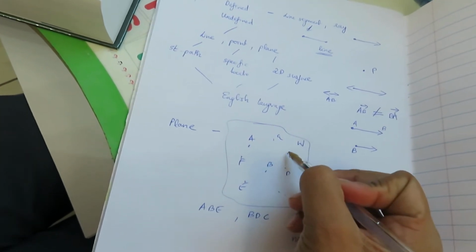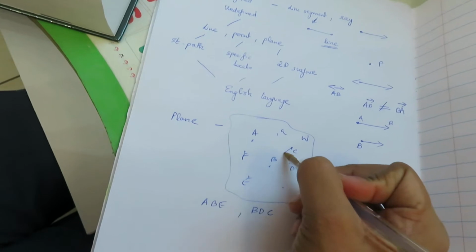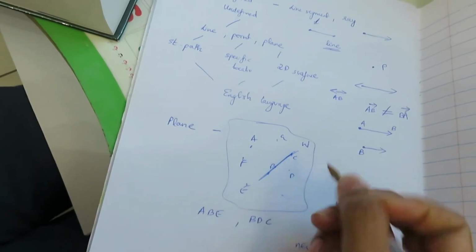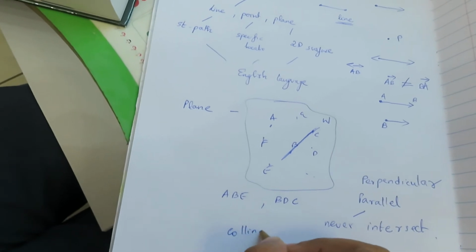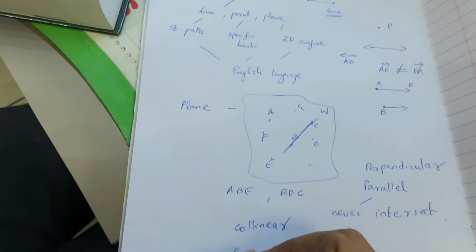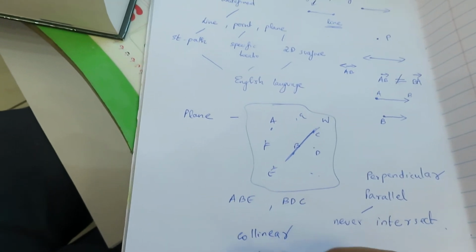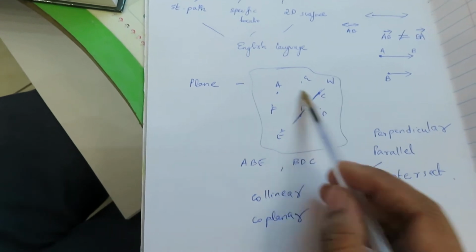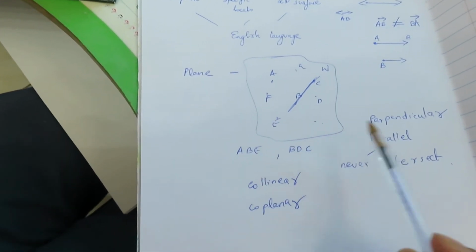If you have 2 points, C and B, I can call them collinear, because they are on the same line. All the points which are on the same plane can be called coplanar. So this is coplanar. I have all these points on the same plane.